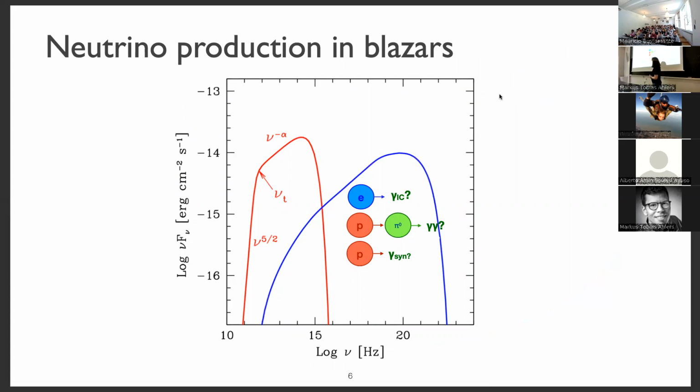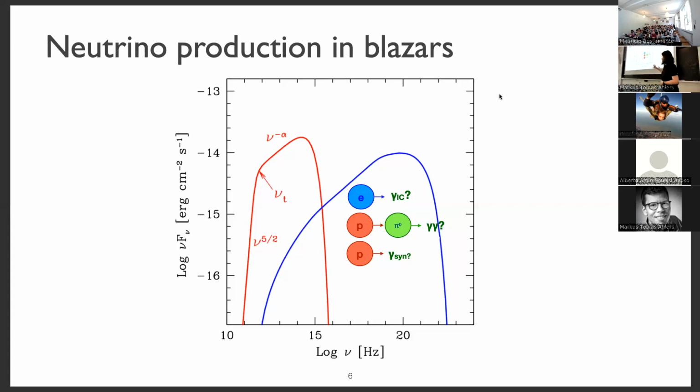But the shape of gamma rays that we see could well be produced by neutral pions decaying to gamma rays, or it could be proton synchrotron emission producing these gamma rays.